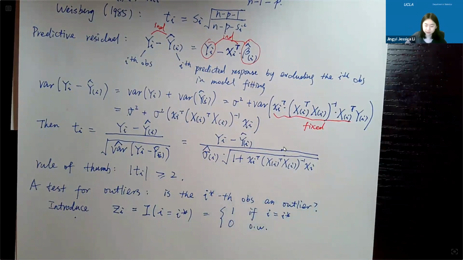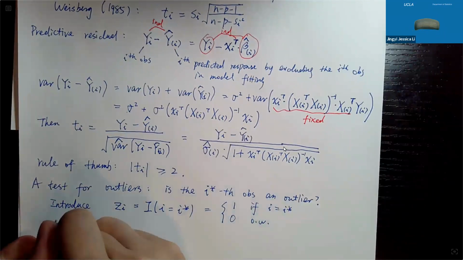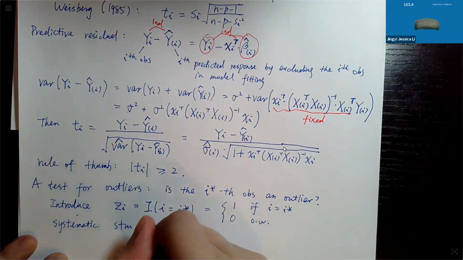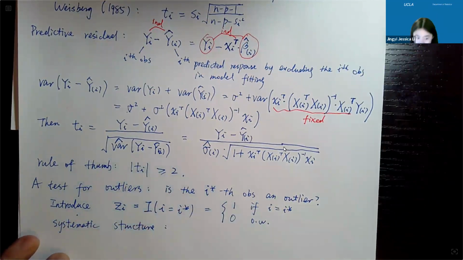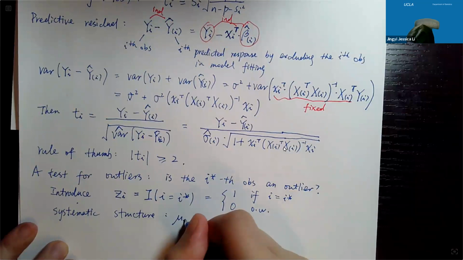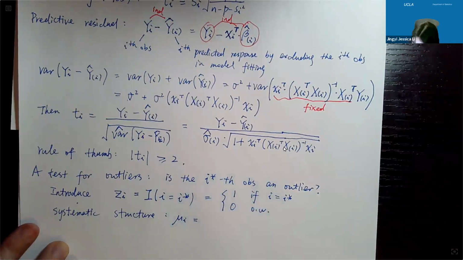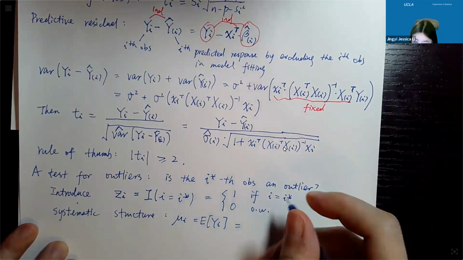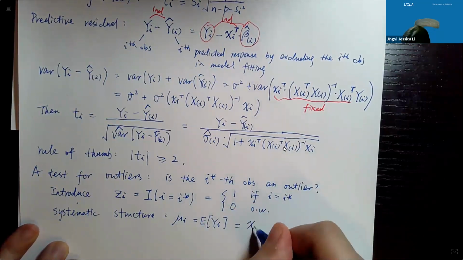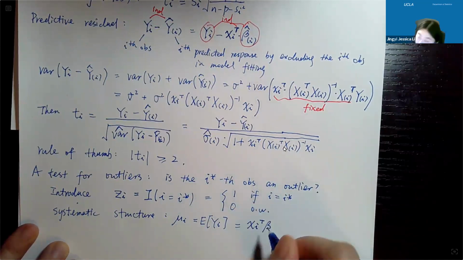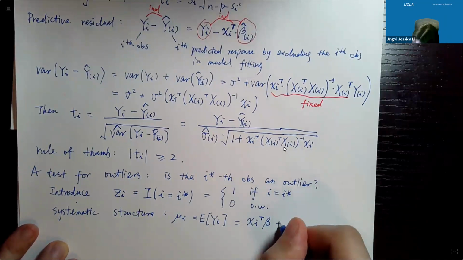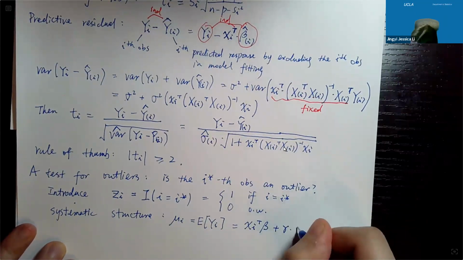So if we think about this, then we can write down our model. The systematic structure of our model can be written as mu I, which is the expectation of yi, just as a reminder, equal to xi transpose beta, the linear part, which includes the intercept, plus gamma times zi.